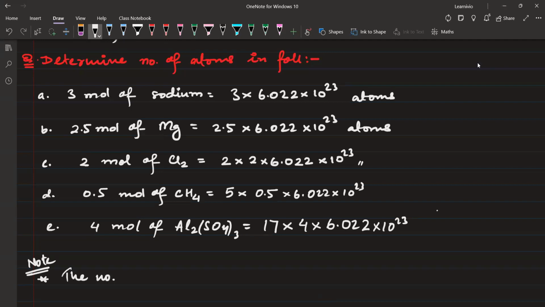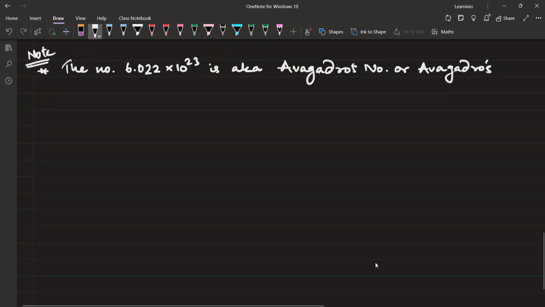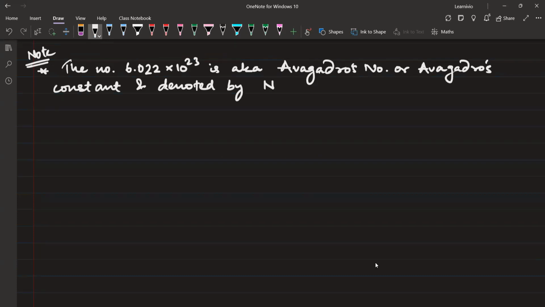The number 6.022 into 10 to the power 23 is also known as Avogadro's number or Avogadro's constant, and it is denoted by Na.